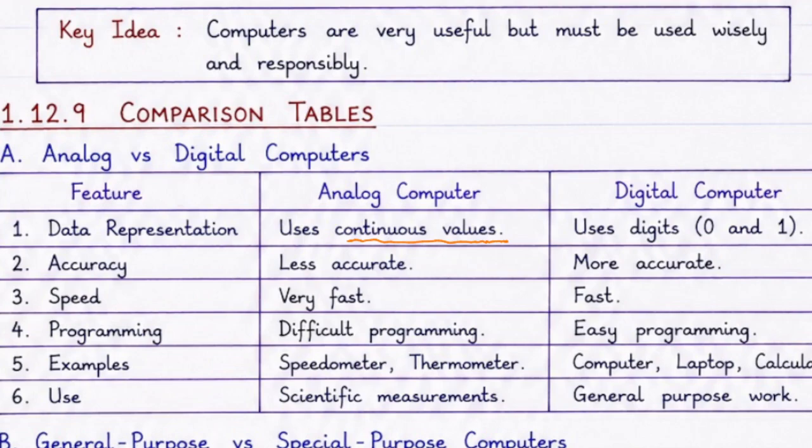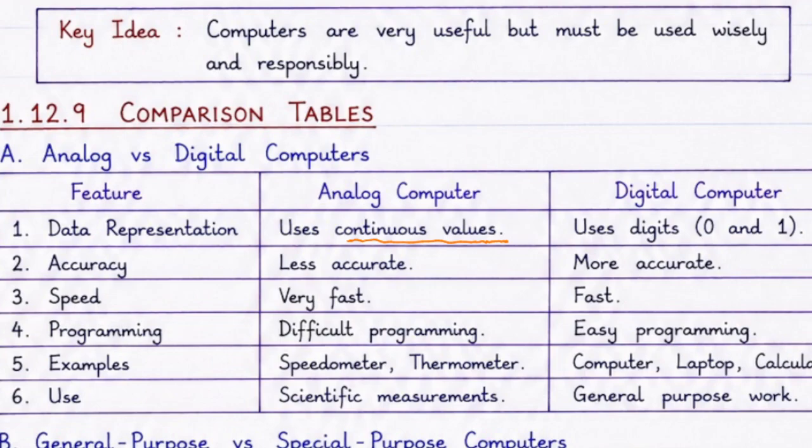That is a continuous value, because it's not just loud or not loud. Even the loud has degrees. But a digital computer uses digits, 0 and 1. On, off, on, off, on, off.